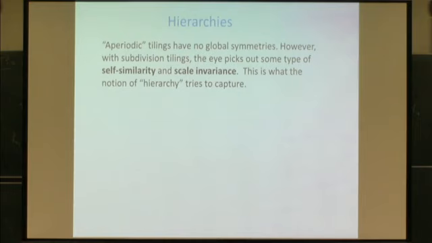You see patterns in there, and you look away and you look back and you may not find that one, but you see some other pattern in it. So the eye is picking out these self-similar pieces, and the scale invariance that we saw with the lace tiling, where I see the same type of pattern at different levels. And so hierarchy tries to capture this.